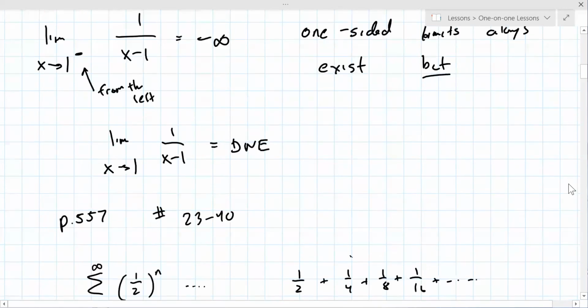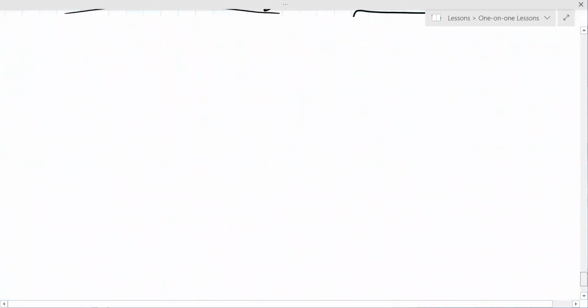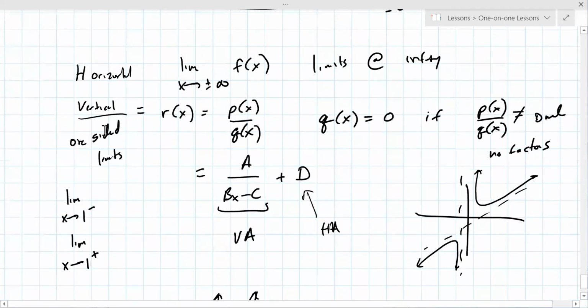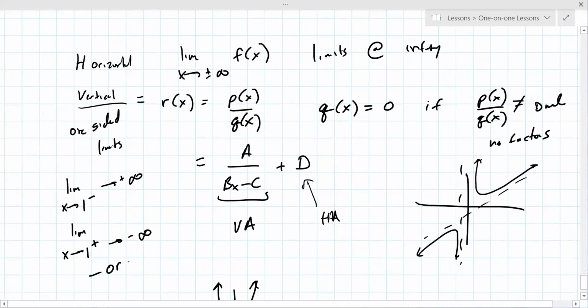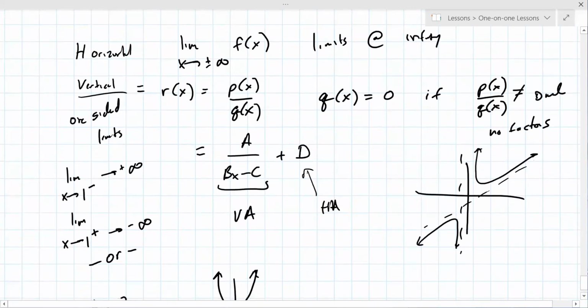So maybe that is the discussion your instructor wanted. She wanted you to say that a vertical asymptote exists when one side goes to positive infinity and the other side goes to negative infinity, or they could both go to the same infinity.